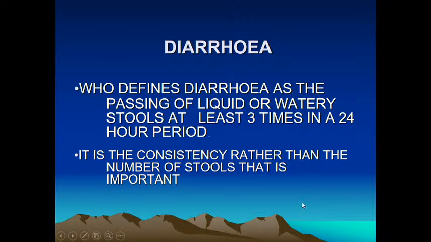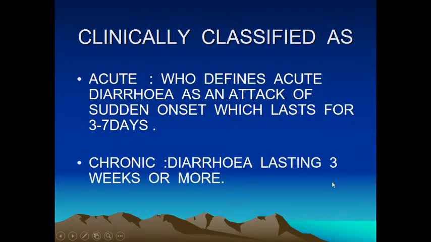So it has to be watery. Now, whether it is an acute or a chronic diarrhea. Acute diarrhea is a diarrhea which has a sudden onset and which lasts for about 3 to 7 days. Anything which is lasting 3 weeks or more is called a chronic diarrhea.